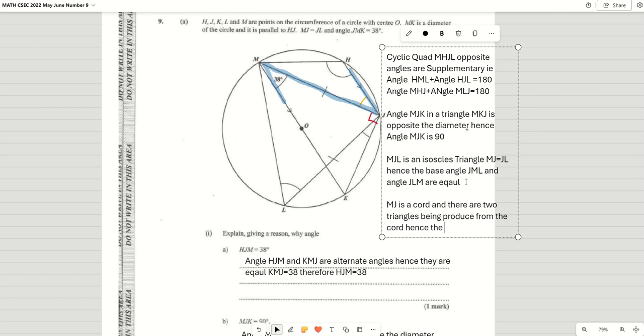Hence, the angles at the circumference are equal.